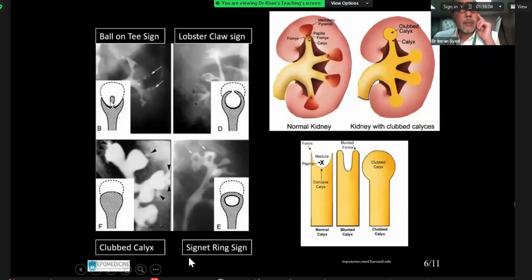This is the ball on tee sign, and this almost looks like a singular focus on top of a blunted calyx. Do you see that appearance there?